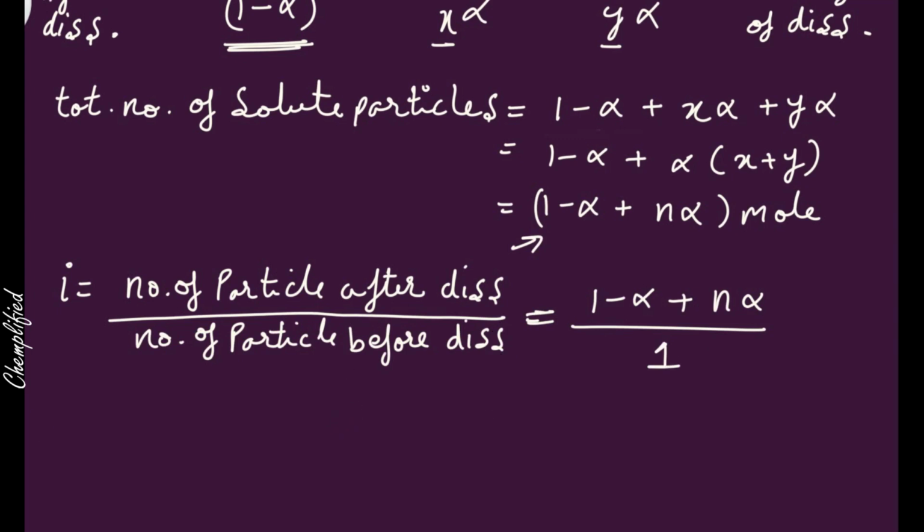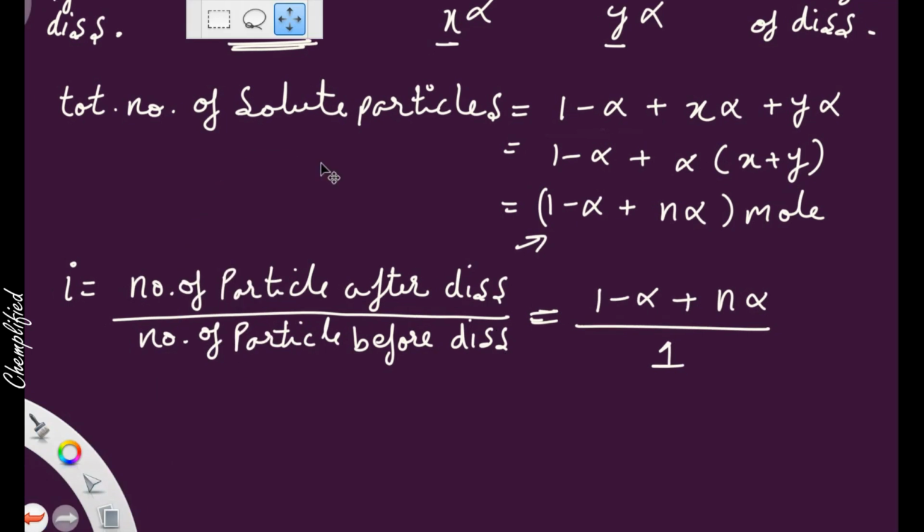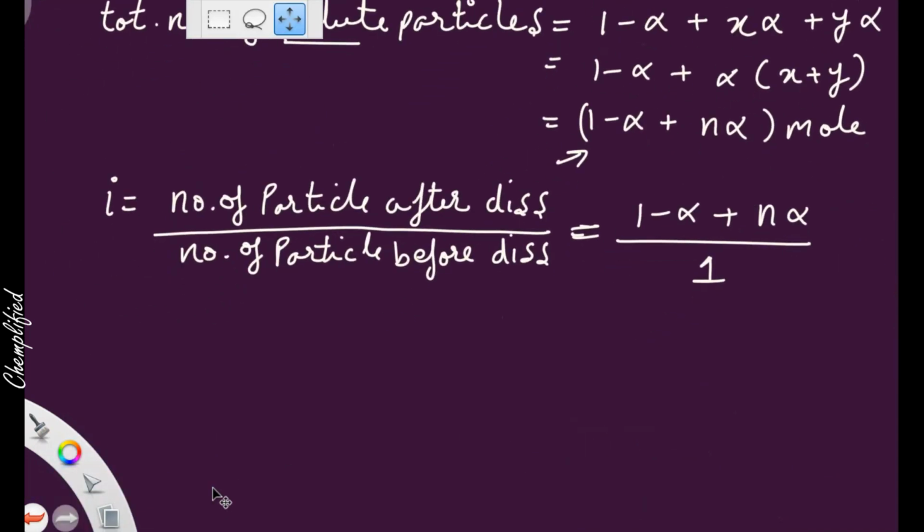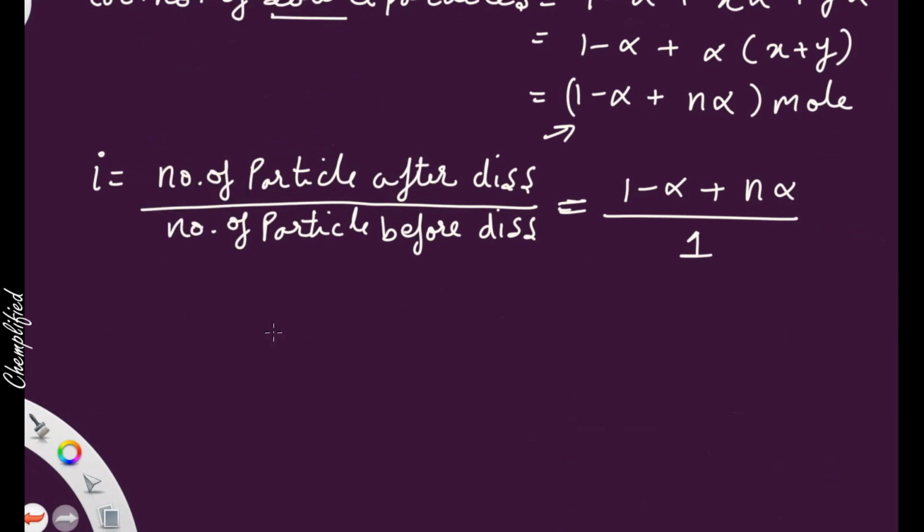Why? Let me show you again. In the starting of the equation, we have only one component, only one molecule which is dissociating into different ions. If the quantity is 1 mole, the remaining will be 1 minus alpha, which we have to include in our total number of solute particles, right? Therefore the value of i is directly written as 1 minus alpha plus n alpha.